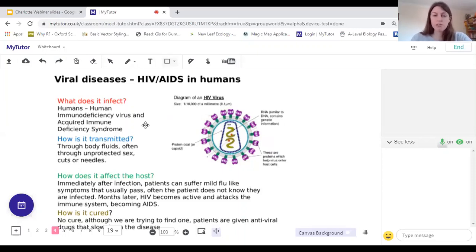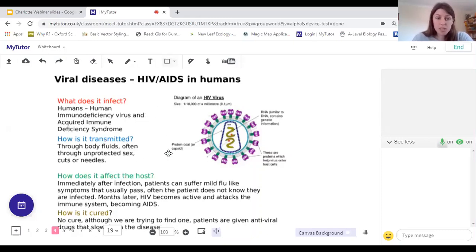Immunodeficiency tells us that it affects the immune system and it is a virus. AIDS stands for Acquired Immune Deficiency Syndrome. So AIDS is a syndrome of immune compromisation, I suppose. The immune system is compromised and can't function as it normally would to throw off other diseases.